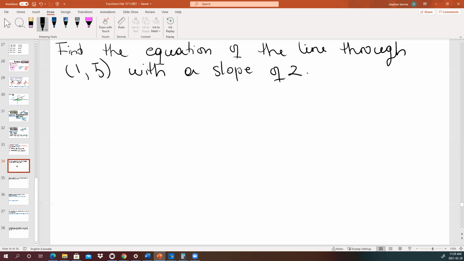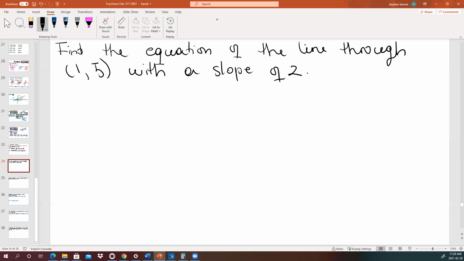So let's start with this first one here. This question says, find the equation of the line through which the point 1 and 5 passes, right?